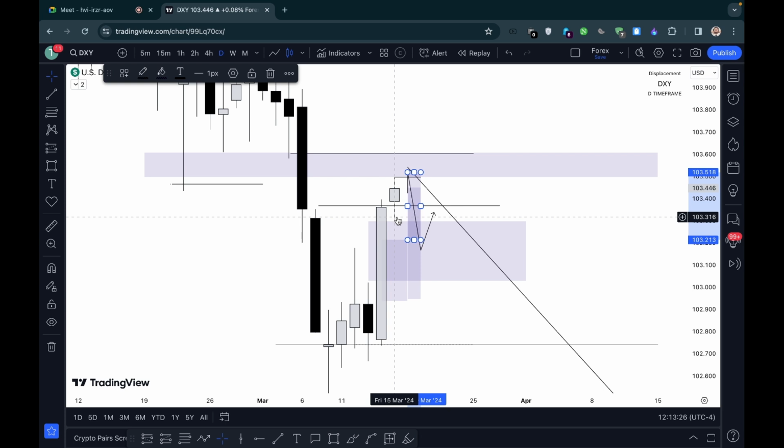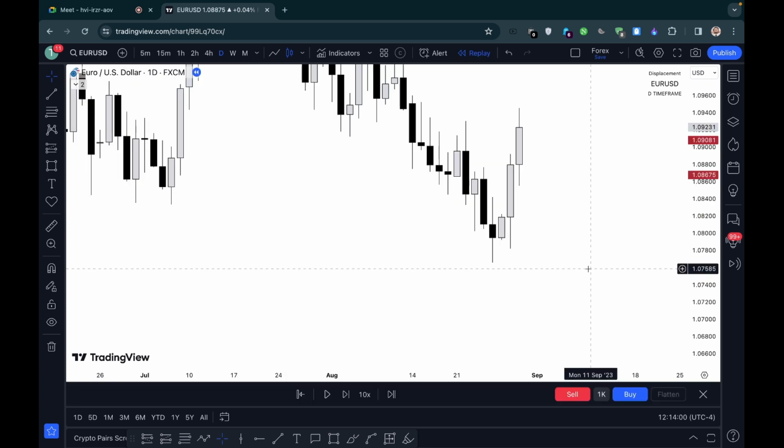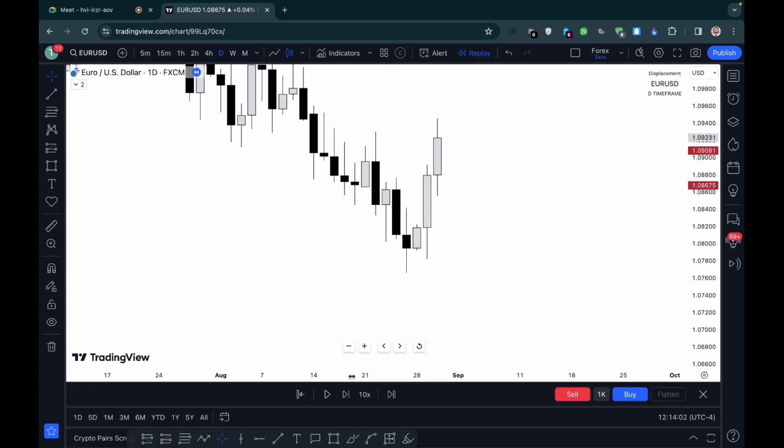If you see, this is a fair value gap right here. We have a fair value gap, but our idea is bearish. So what can we do? First of all, you can trade the sweep of this high to this fair value gap. Then you wait for the confirmation, so the price will target this low.